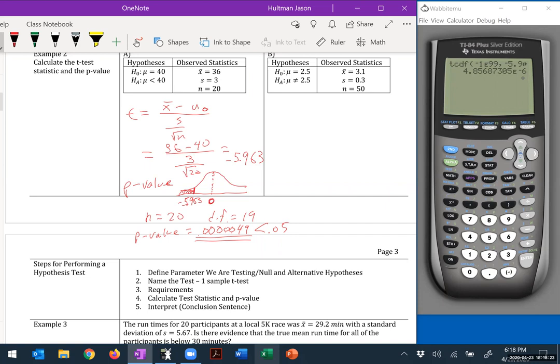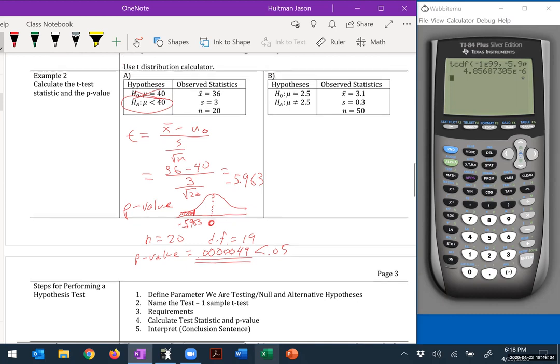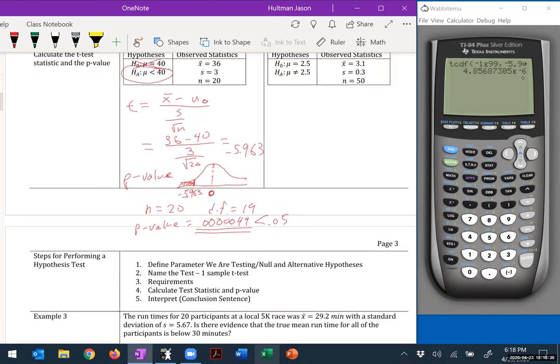Okay, and so we would reject the null and we would accept the alternative, meaning that this is in fact less. Okay, and then we don't know what the scenario is here, so we can't name a formal conclusion. We'll leave that for the next examples.